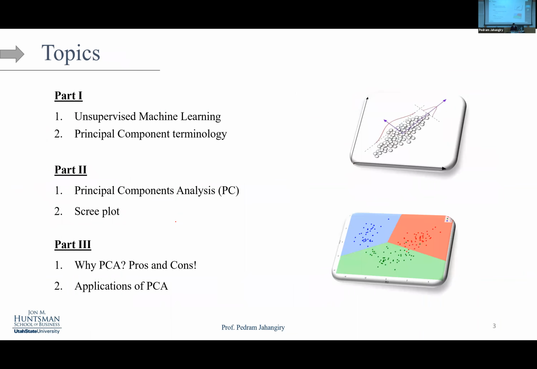Okay, so topics for today. We will revisit the definition of unsupervised machine learning, and then we'll look at some terminology about principal components in general. Namely, we're going to look at the definition of eigen things: eigenvalues, eigenvectors, and things like that.